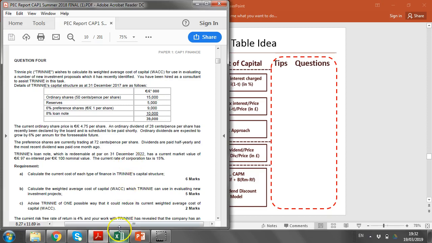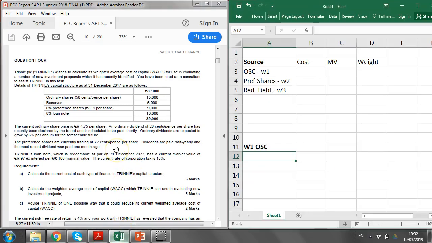So in our first question, we're looking at the ordinary share capital. We're told the current share price is $4.75 and a dividend has recently been declared and will be paid shortly. So that's very important here. That means it hasn't been paid yet. So the $4.75 is what we call a cum div price. That includes your dividend in there, so you need to remove that.